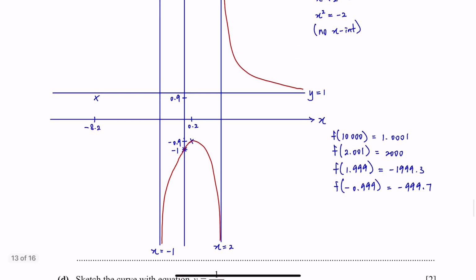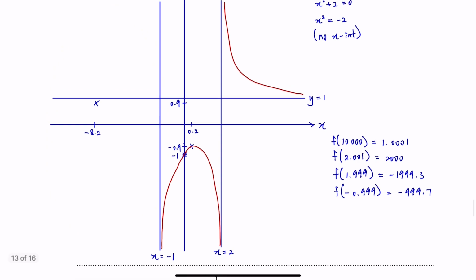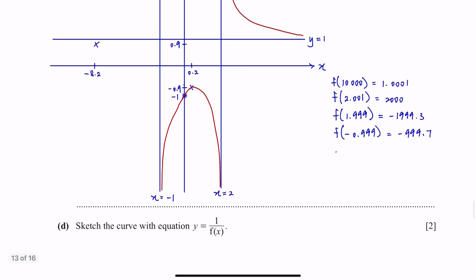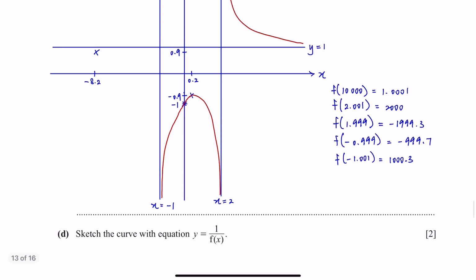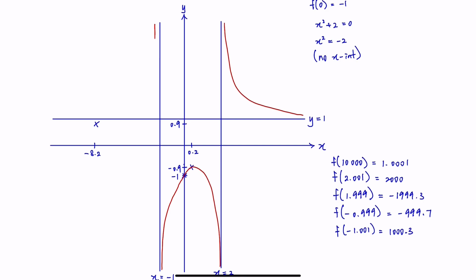So we are left with this area now. So when x is around here, let's sub it as negative 1.001. It's 1000.3 something. So it's a large number, it's towards the infinity. It's around this part.